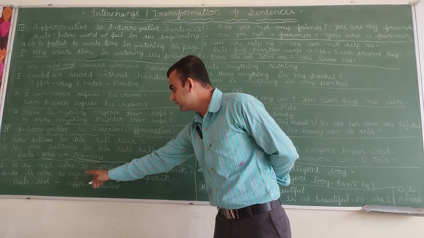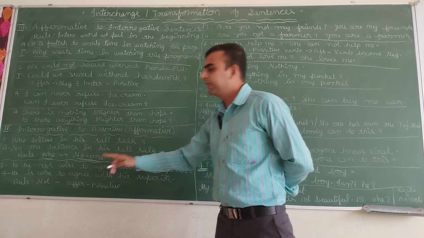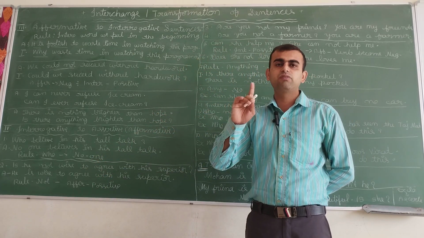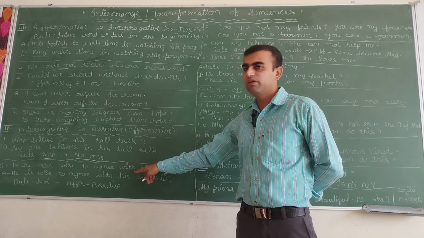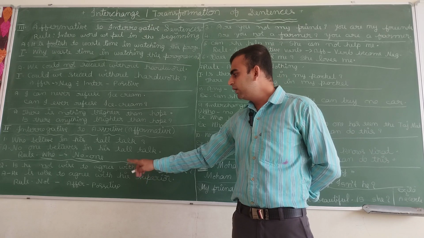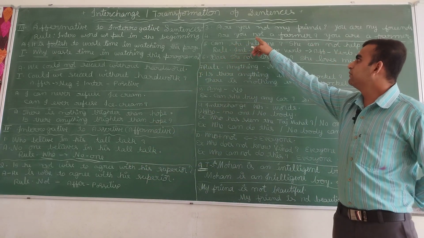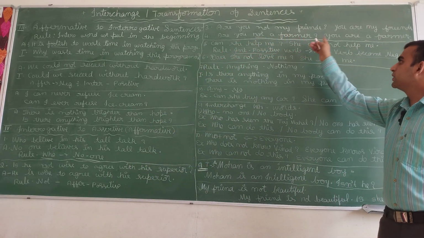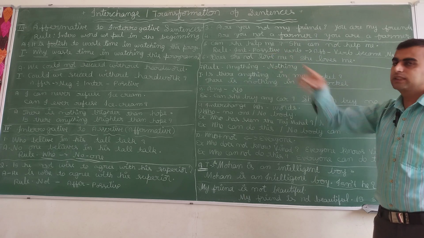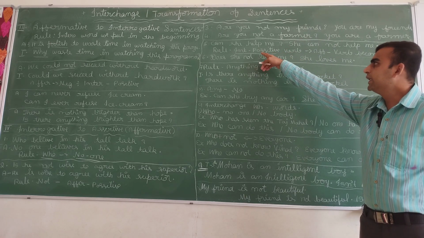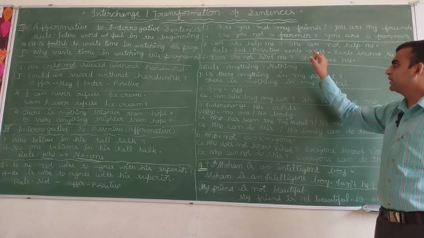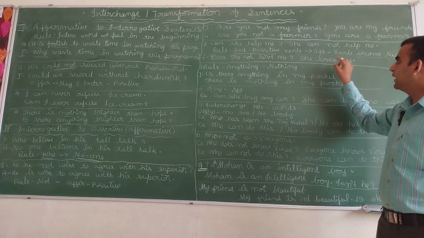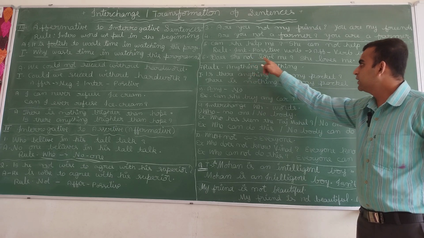Second rule: if there is not in an interrogative sentence, when it comes to affirmative, the verb becomes positive. Example: Are you not a farmer? You are a farmer. The third rule is just the opposite: if the interrogative sentence is positive, the verb becomes negative in the affirmative sentence.